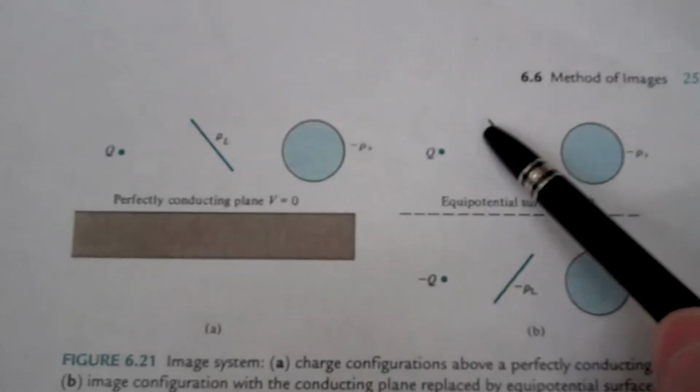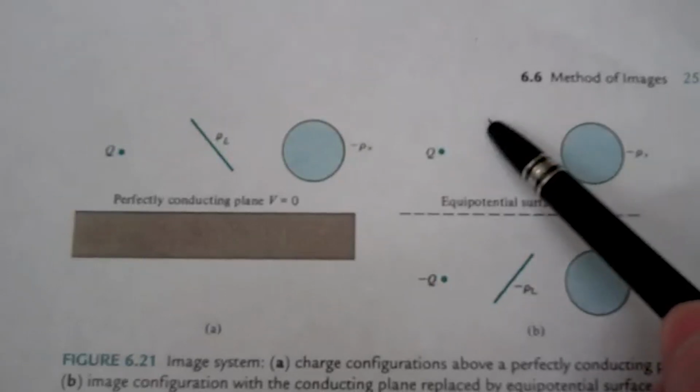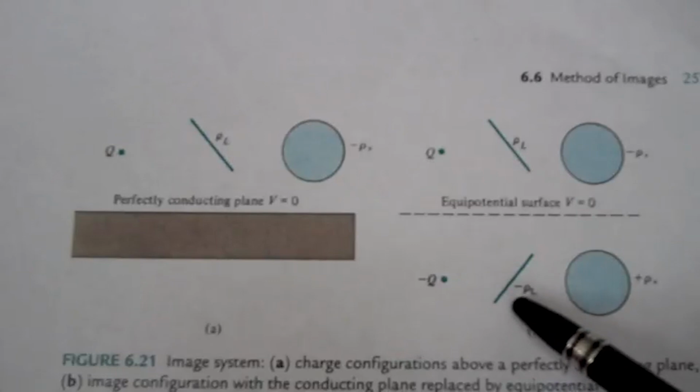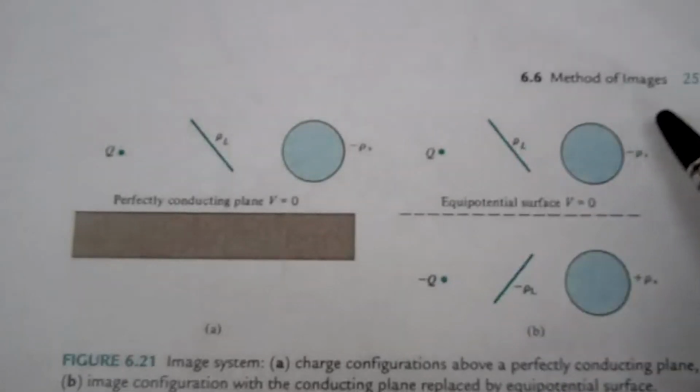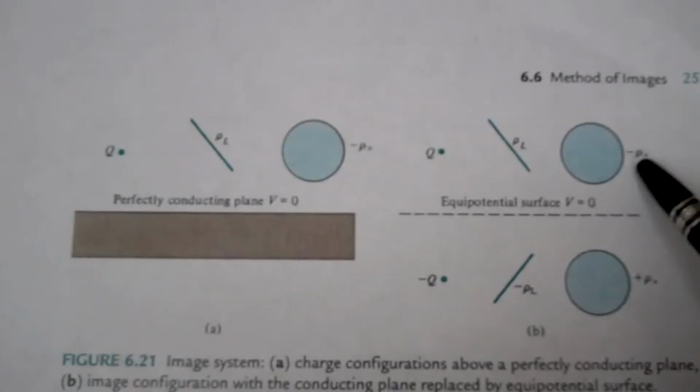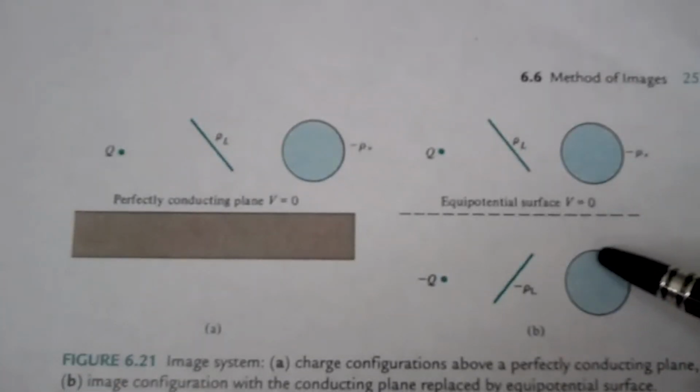For this line charge density rho sub L, you put a mirror image of the opposite polarity, minus rho sub L. And for a volume charge distribution of minus rho sub V, you put a mirror image of that charge distribution of the opposite polarity, plus rho sub V.